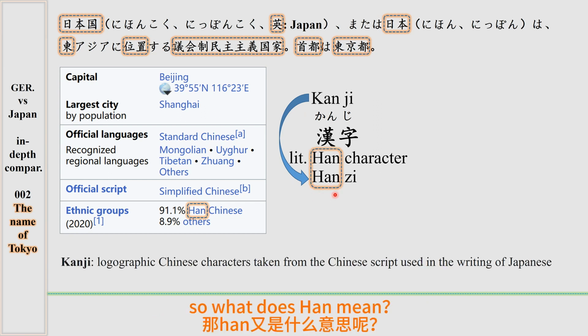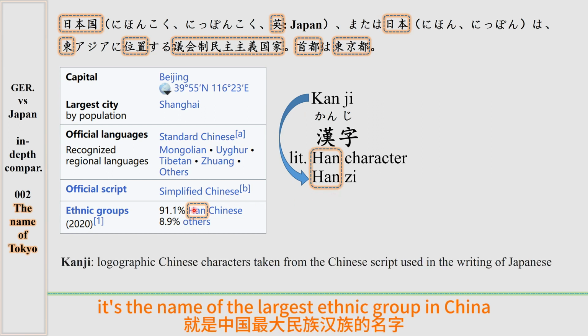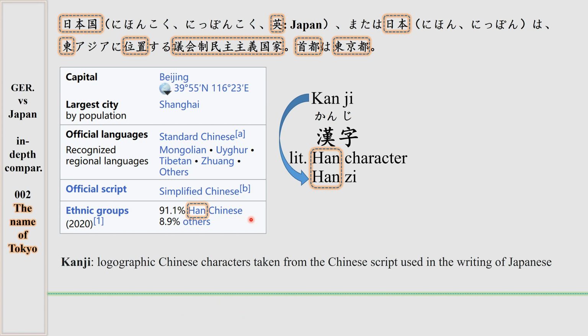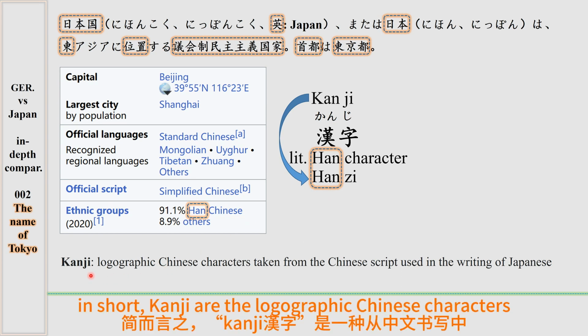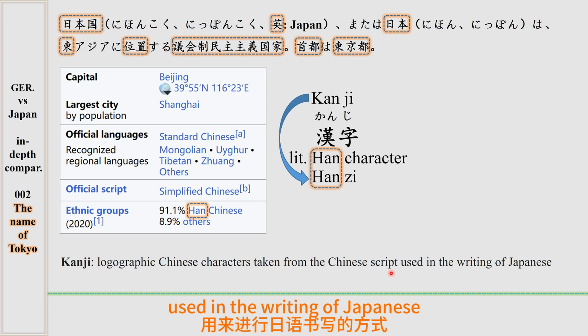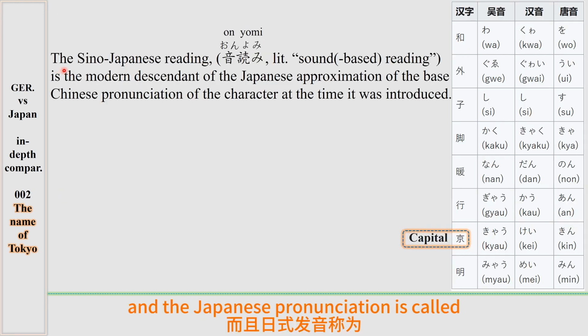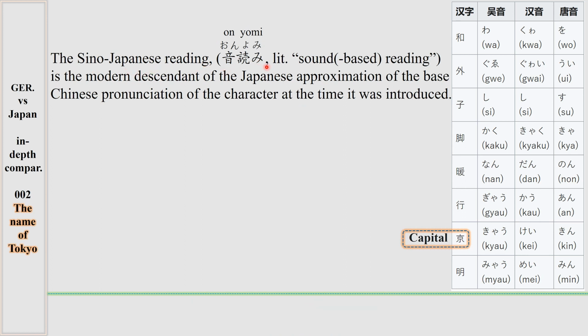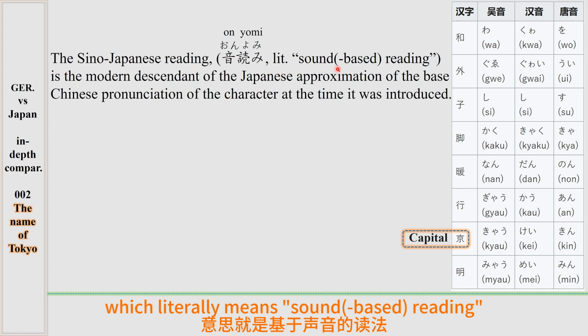So what does Han mean? It's the name of the largest ethnic group in China, making up about 91% of the Chinese population. In short, Kanji are the logographic Chinese characters taken from the Chinese script used in the writing of Japanese. And the Japanese pronunciation is called the Sino-Japanese reading, onyomi, which literally means sound-based reading.